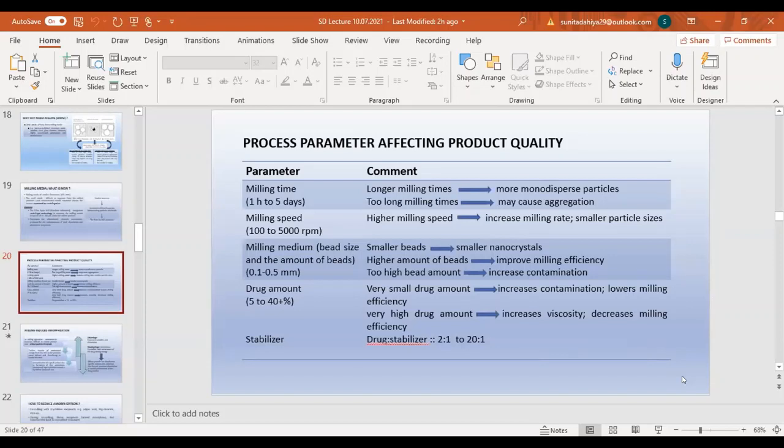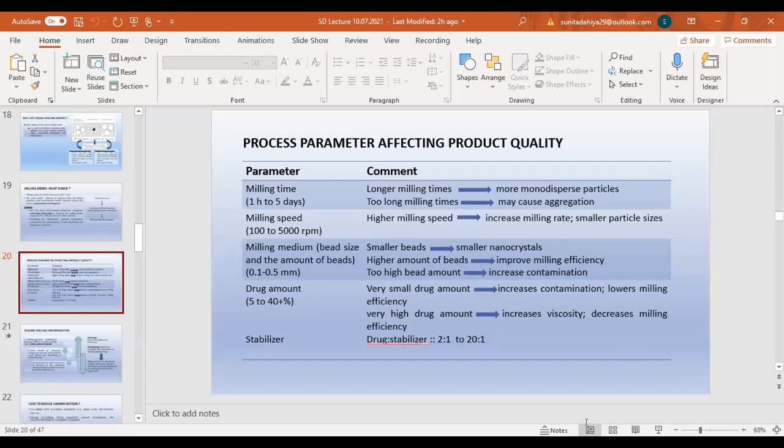The stabilizer is again one of the very, very important parameters. The ratio is very important. Several ratios can be attempted for the drug, and you may have a significant effect, not only on the sizes; many other effects have been reported, even effects on the pharmacokinetic parameters, because some stabilizers like TPGS have very good effects themselves also.